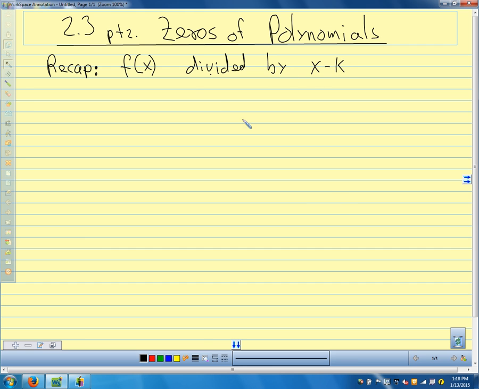The remainder theorem tells us that the remainder equals f of k. So if we divide our polynomial by something that looks like x minus k, whatever the remainder is, it's f of k. If we plug k into our polynomial, the remainder is the number we got out.